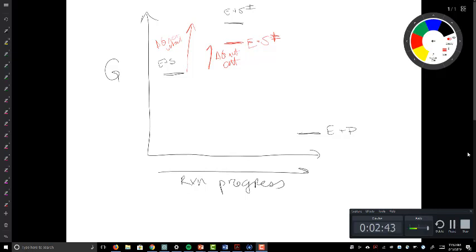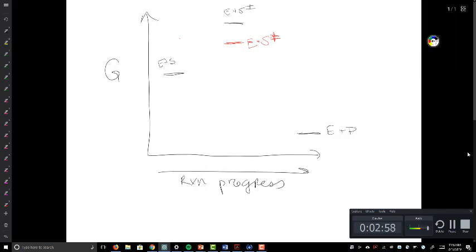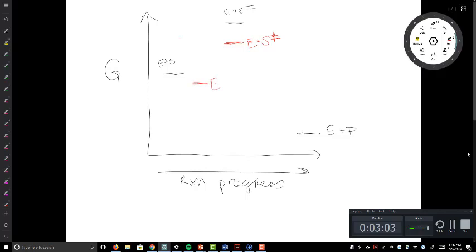Now, that isn't the only thing that happens. We know that to lower the energy of the transition state, the enzyme has to be complementary to the transition state. However, the enzyme actually does still bind to the substrate, because it has to bind to the substrate before it joins the transition state to make sure the chemistry can happen. However, it just doesn't bind the substrate quite as well as it binds the transition state.